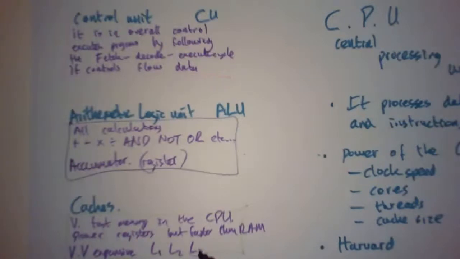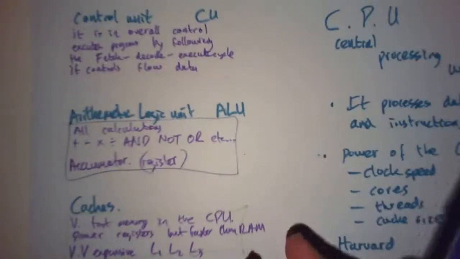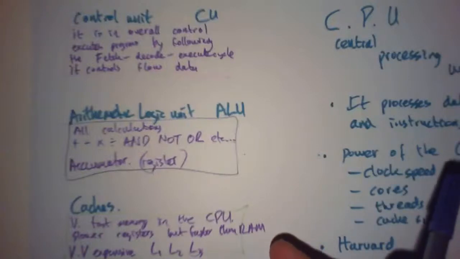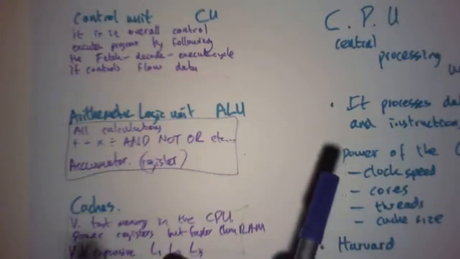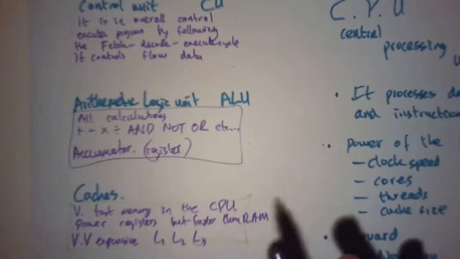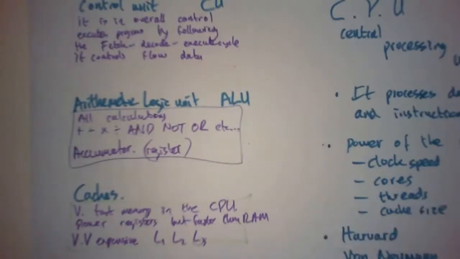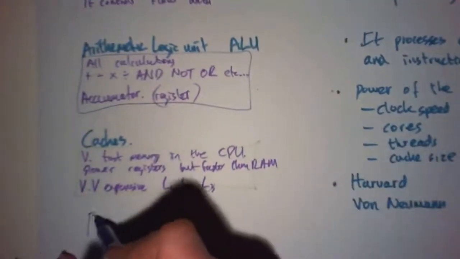It holds the most, but it's the slowest. They're still faster than RAM. L3 is still faster than RAM, but it's not as good as L2, and L2 is not as good as L1. So there are levels of cache that you can have. Obviously, the CPU also contains registers.